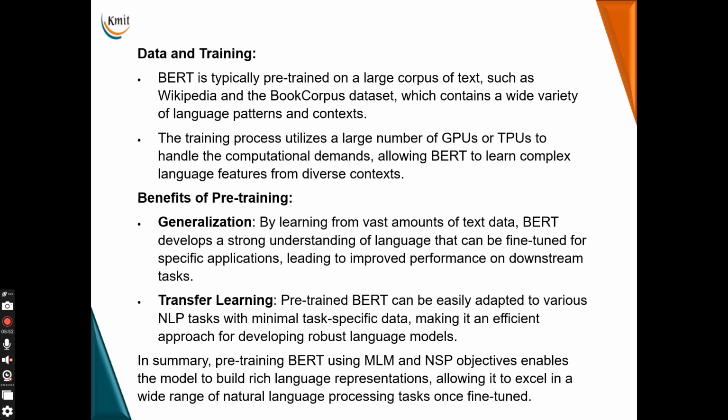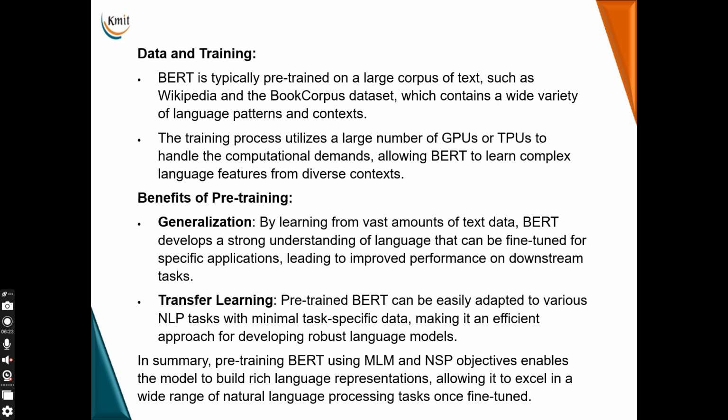The training process uses a large number of GPUs or TPUs, which can handle all the computational demands, thereby allowing BERT to learn all the complex features of the language. It can learn not only related contexts, but also various diverse contexts.